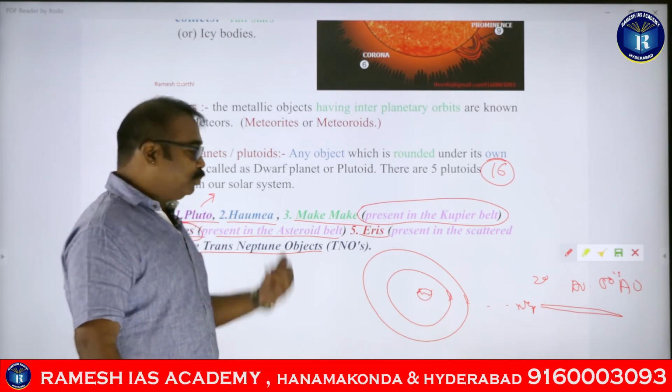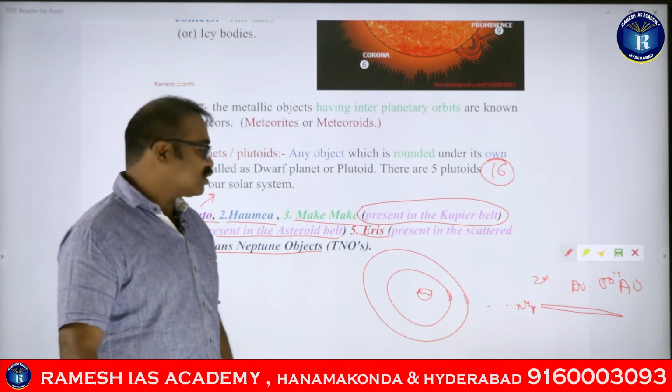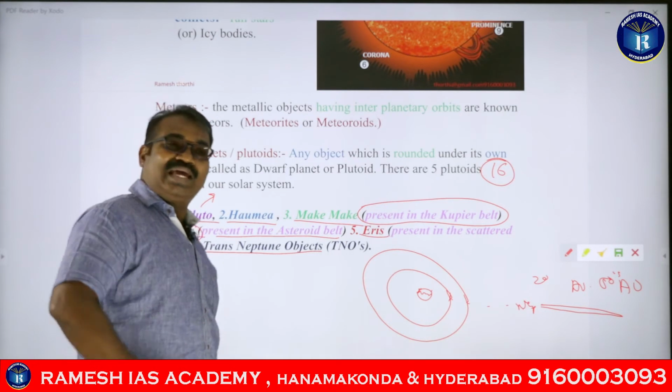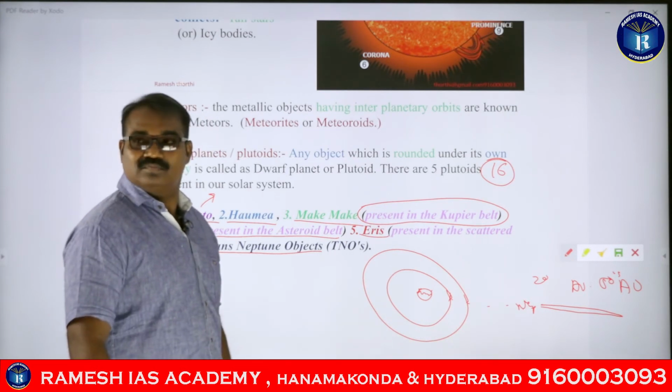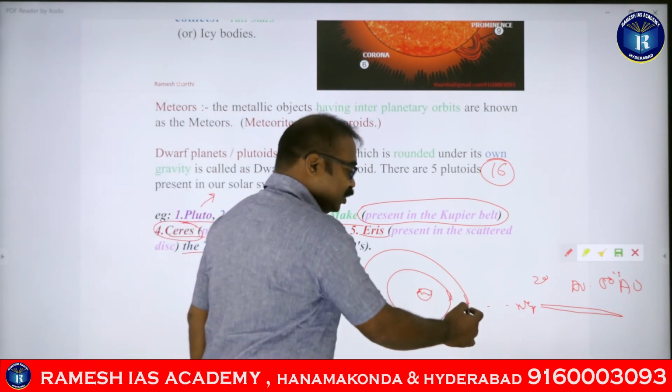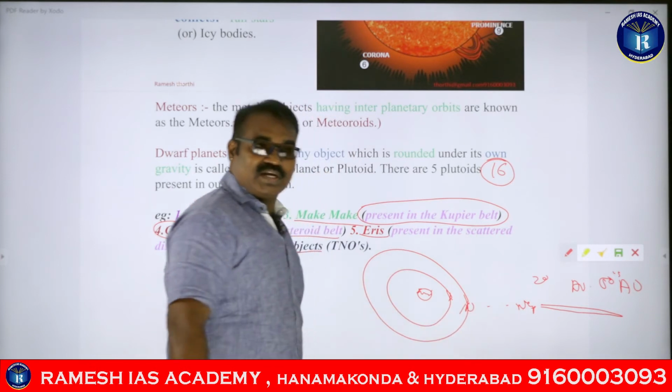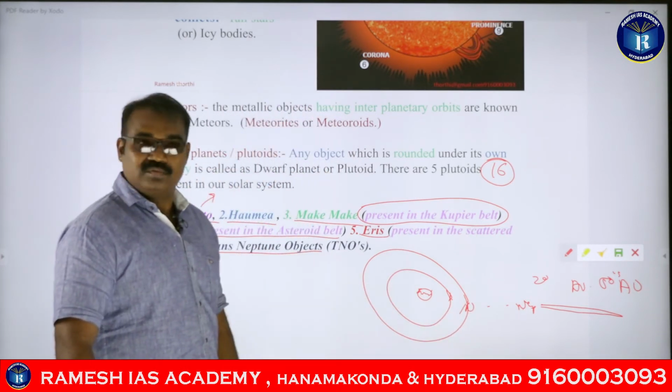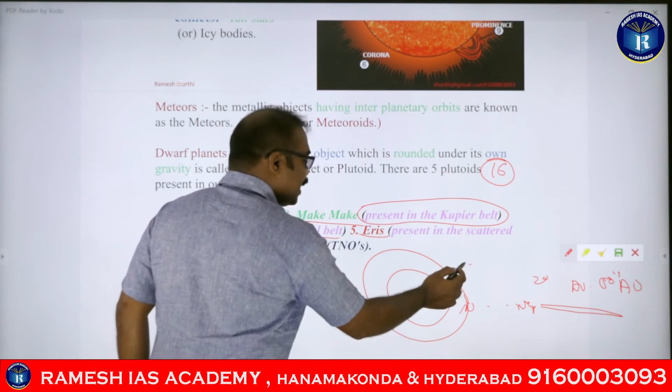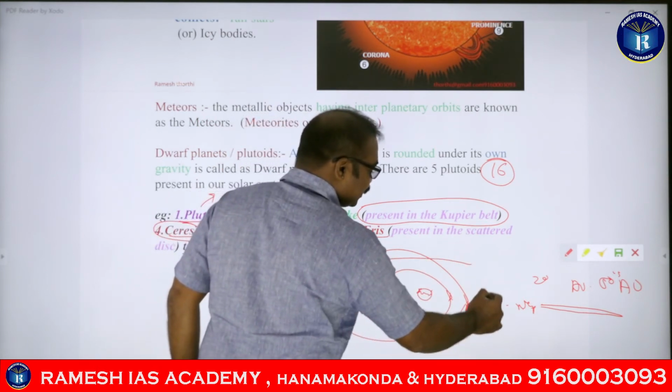But Pluto's orbit was much more elliptical, guys. If this is the last one, Neptune's orbit, Pluto's orbit was elliptical and it was going like this.